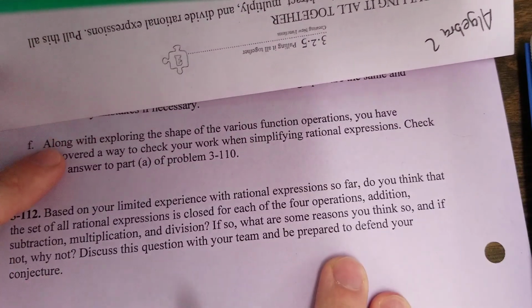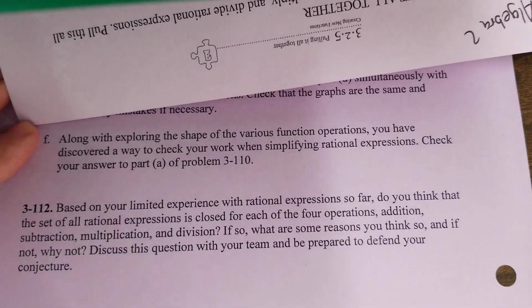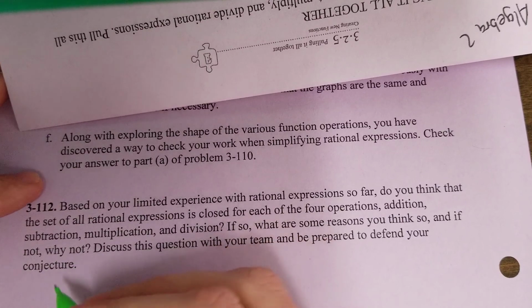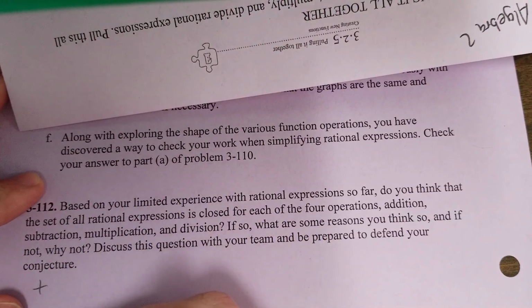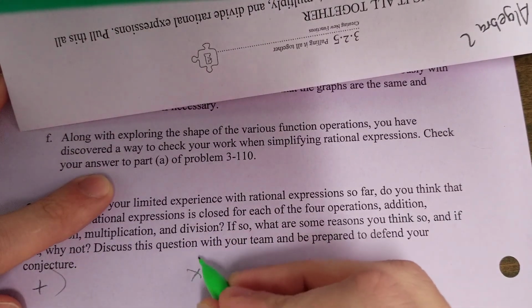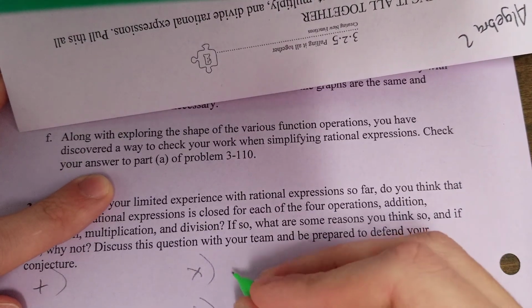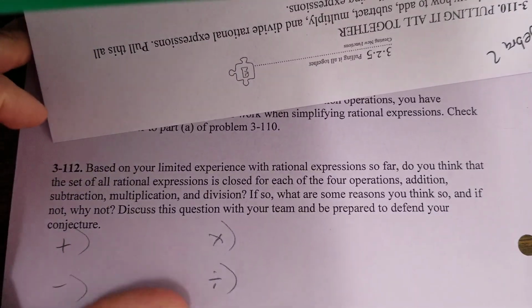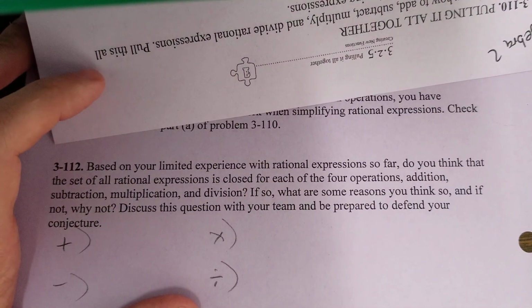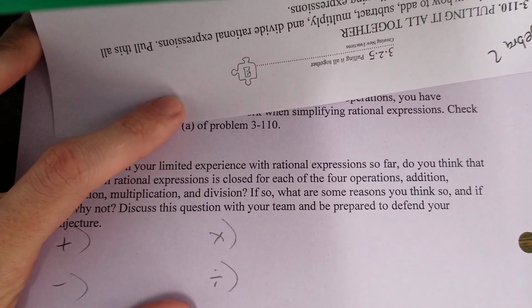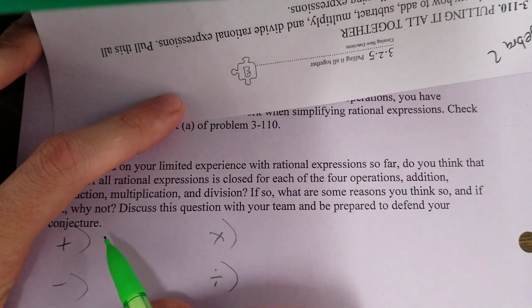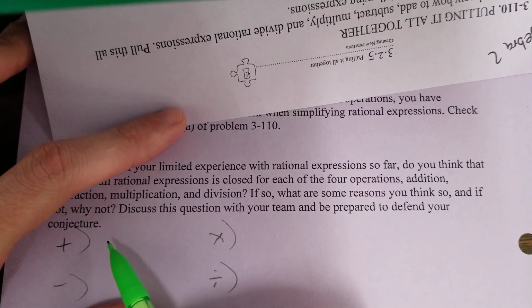And then 112 talks about this idea of, do we think that rational expressions are closed under addition, subtraction, multiplication, division. So again, what closed means is, if I look at whole numbers, or just the positive numbers, under addition, I take two positive numbers, I add them, they're going to be a positive.